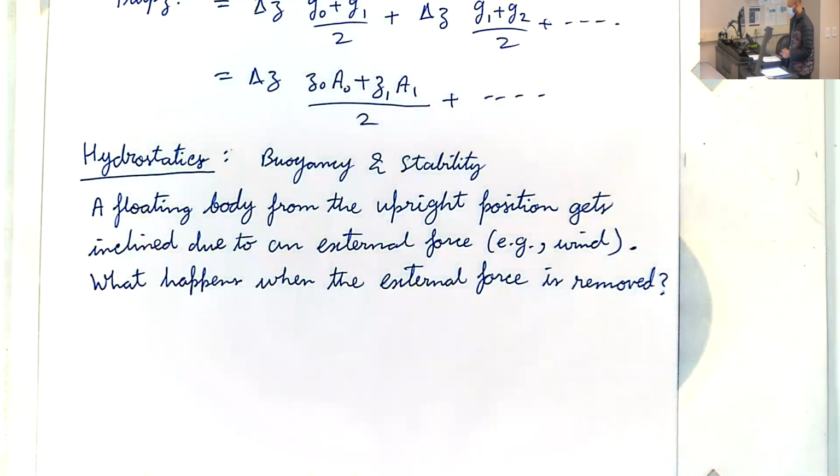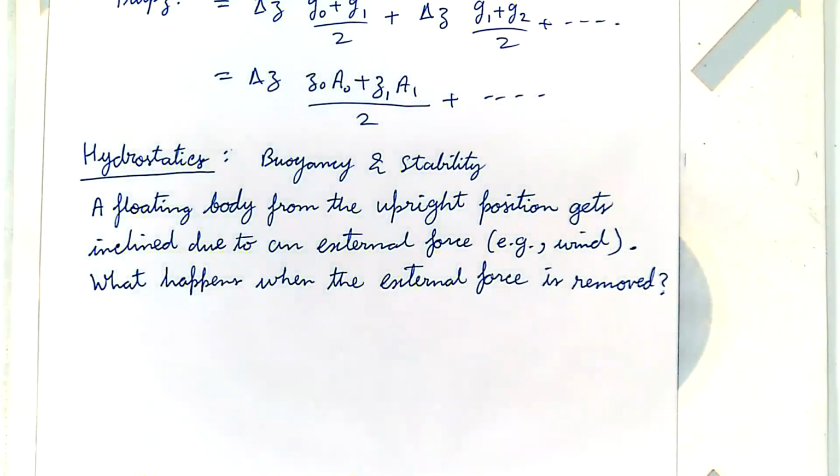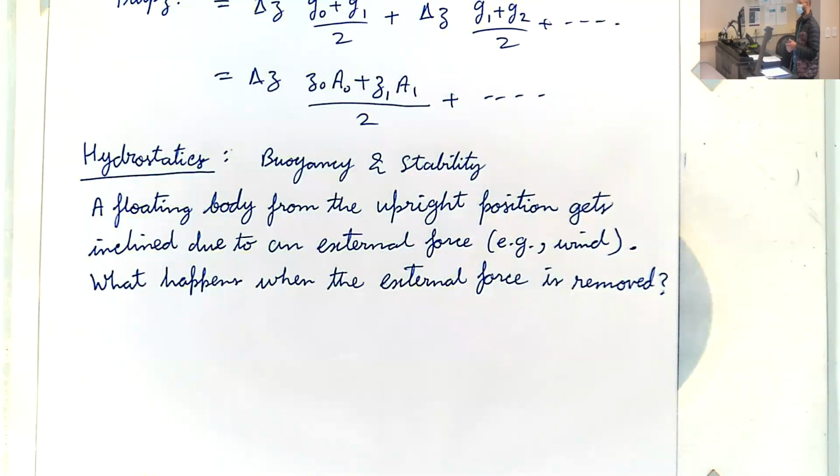What happens once the wind dies down? Well, hopefully it's going to restore itself to its equilibrium position, but it'll probably overshoot and come back and oscillate. So that's one thing that might happen. Once the wind dies down, the tilted body comes back to its original position. It'll bob about a little bit, but it should be fine.